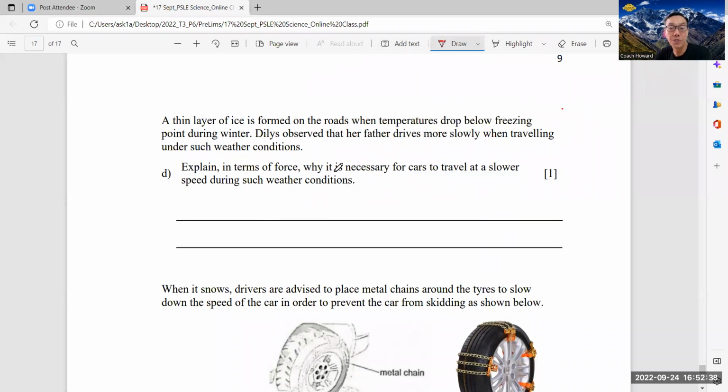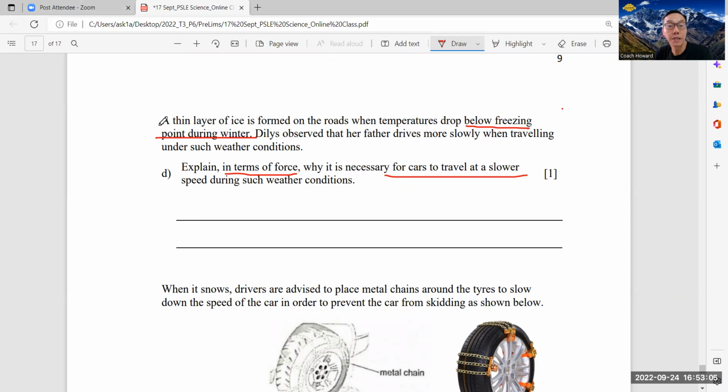Explain in terms of forces why it is necessary for cars to travel at a slower speed. Slower speed because this will reduce accidents. Highlight this: why, in terms of forces, is it necessary for cars to slow down?